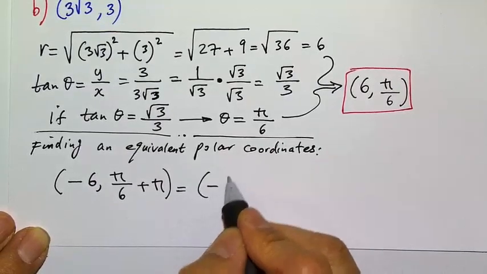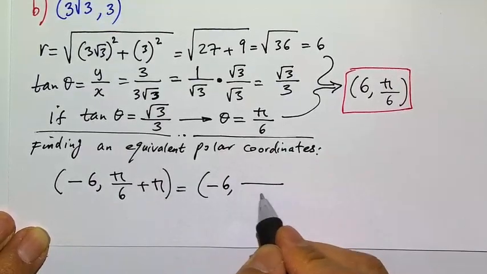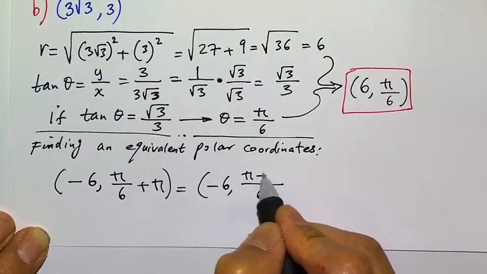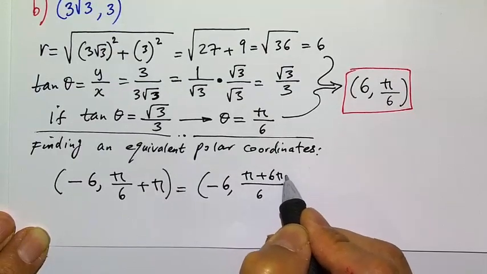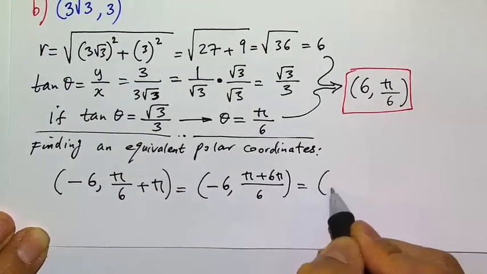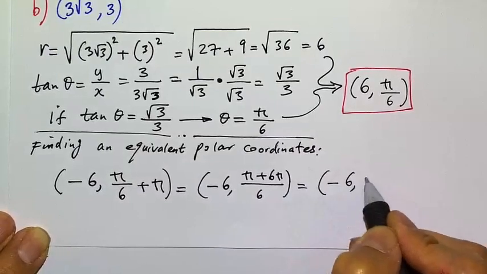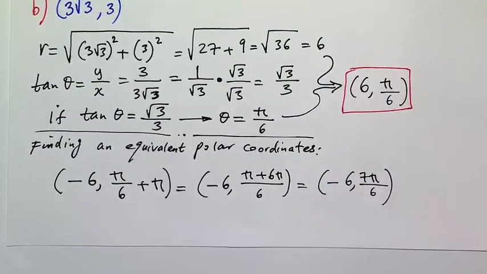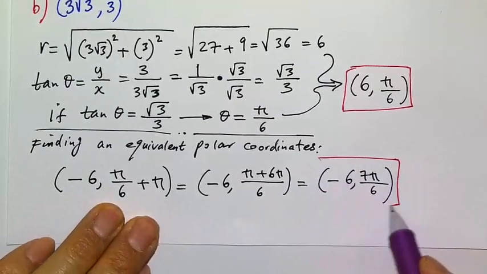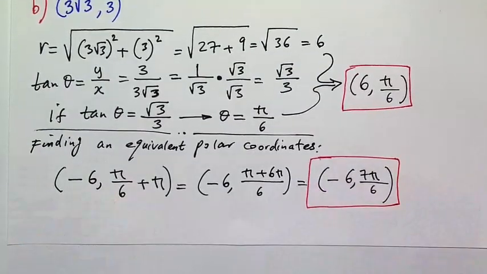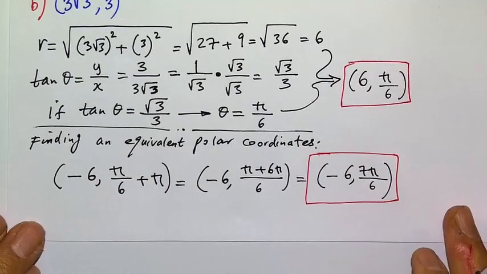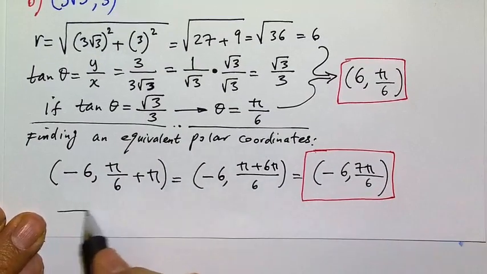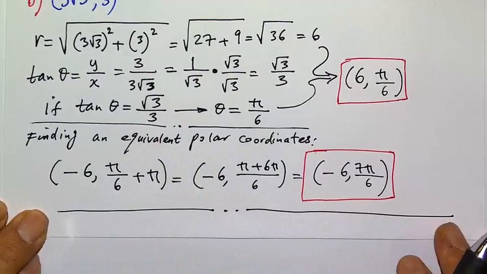So this is minus 6 comma pi plus pi over 6. And so we have minus 6 comma 7 pi over 6. Hopefully this agrees with what you had done on your own scratch paper.